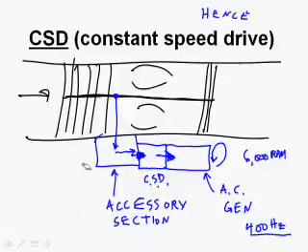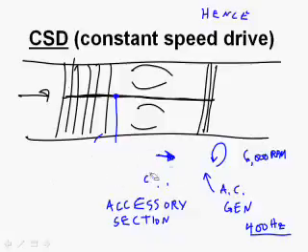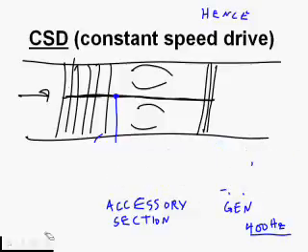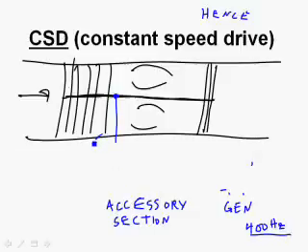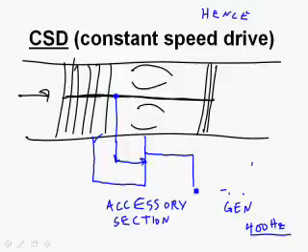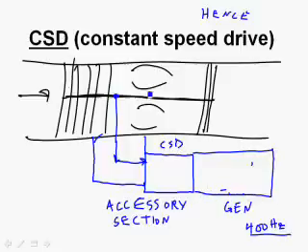Let's see. I'm going to make this drawing a little bigger here. Here's the accessory section. Power's going to come down, power's going to go out, and we're going to have the constant speed drive, and it's going to drive this AC generator. They're not really that big compared to the engine. Drawn, not to scale.